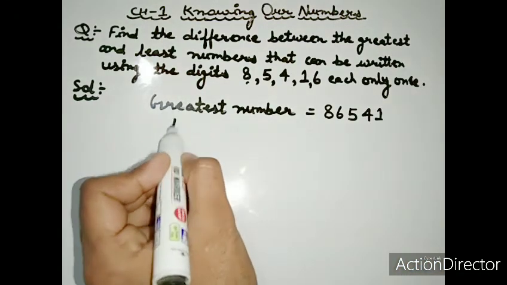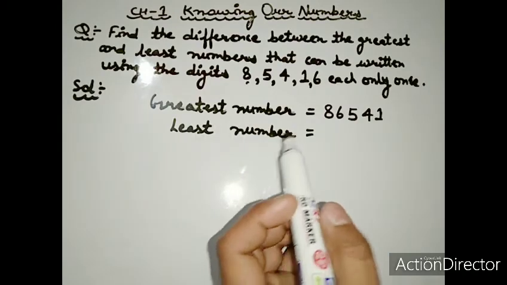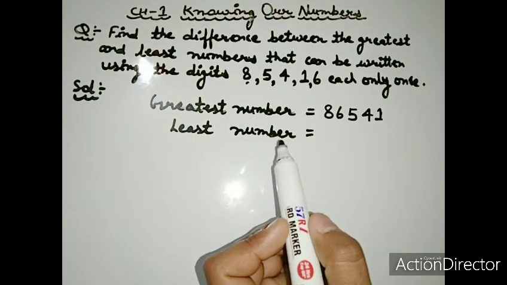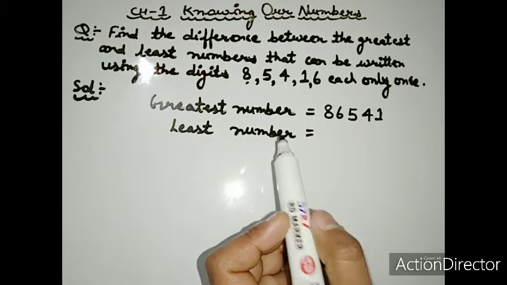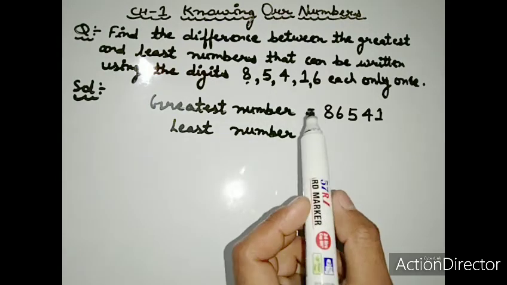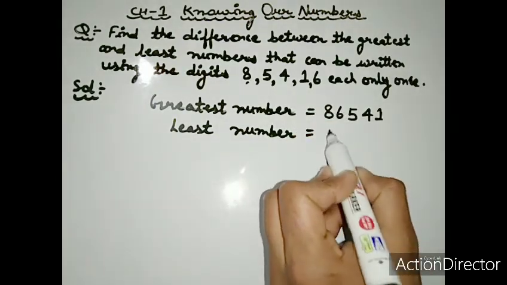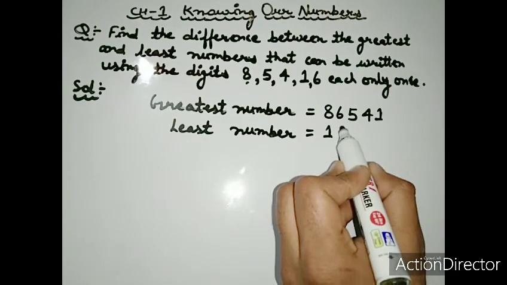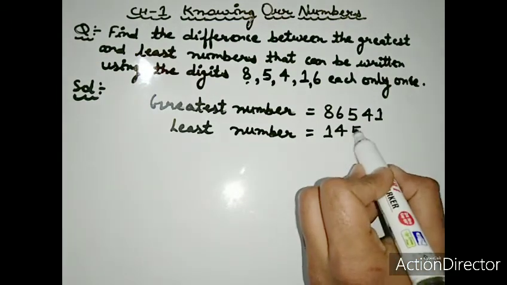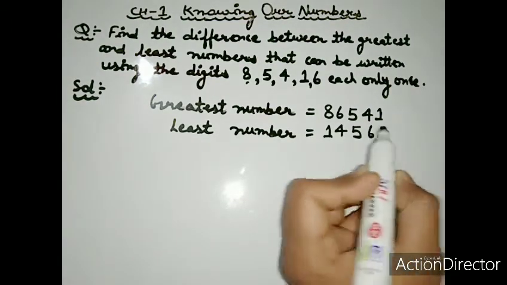Now we write the least number. When we write the smallest number, then we write these digits in ascending order. So here first we write 1, then 4, then 5, then 6 and 8.